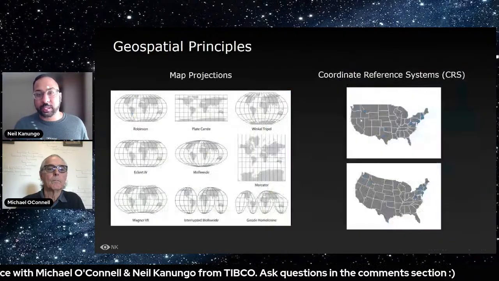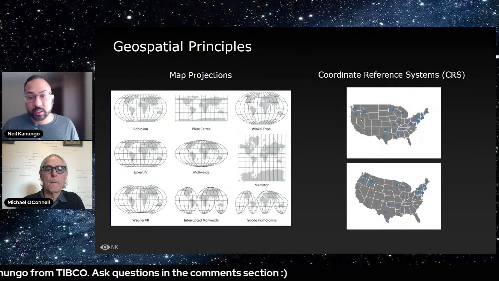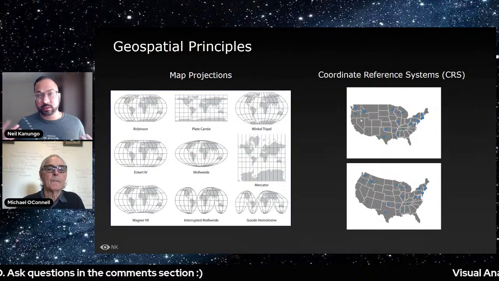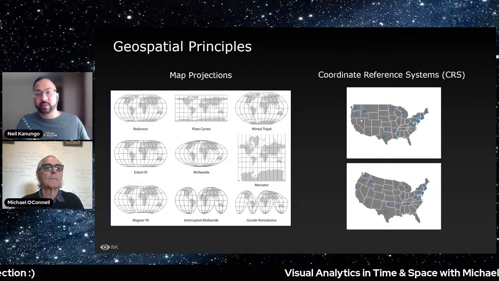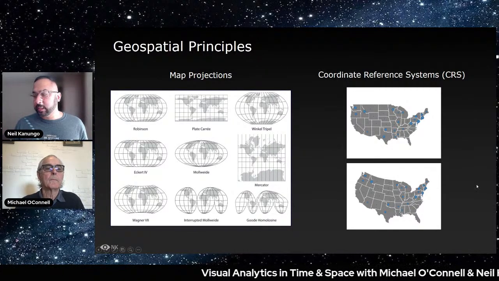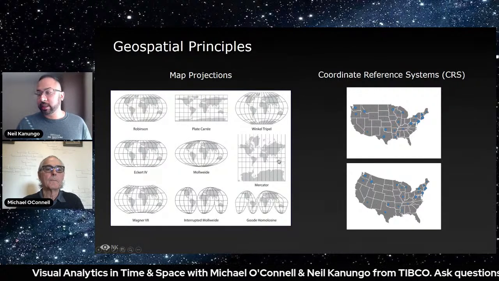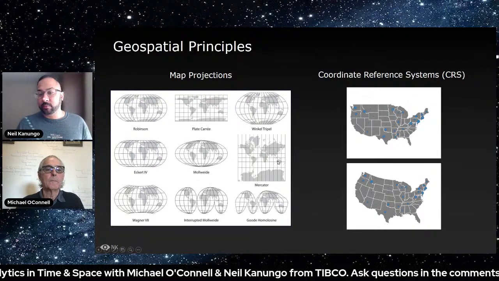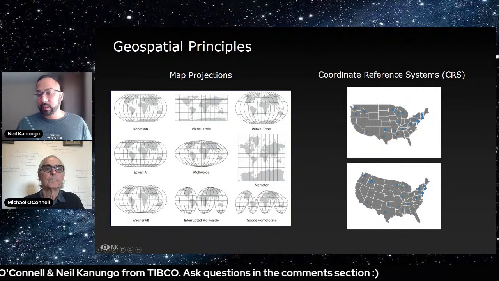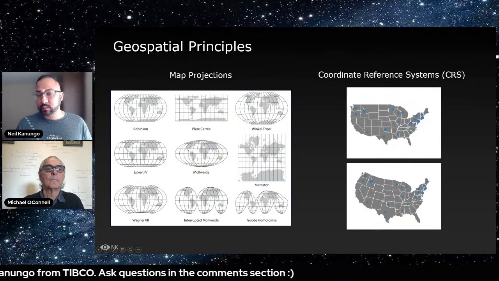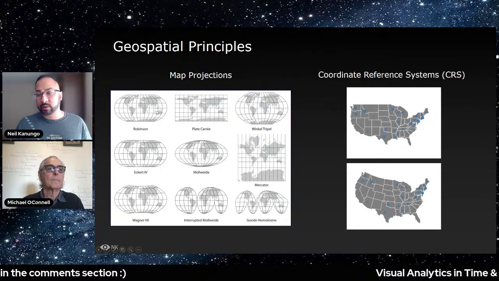Now, the way that that's projected on the Earth is going to be dependent on your map projections. Your map projections can really distort your spatial data, that is, how those points lie on the surface. So you can see in a Mercator projection that Australia is much smaller looking than it might look in the Robinson projection, where it might look much larger.